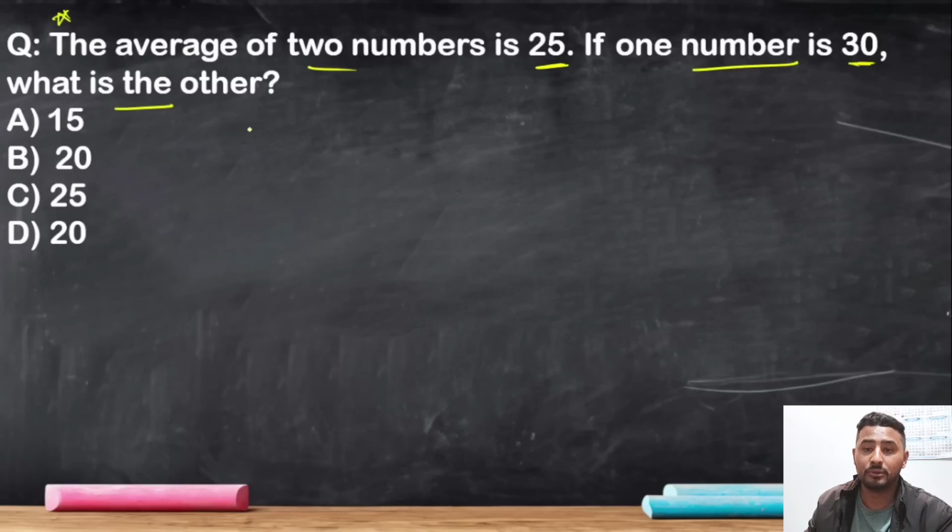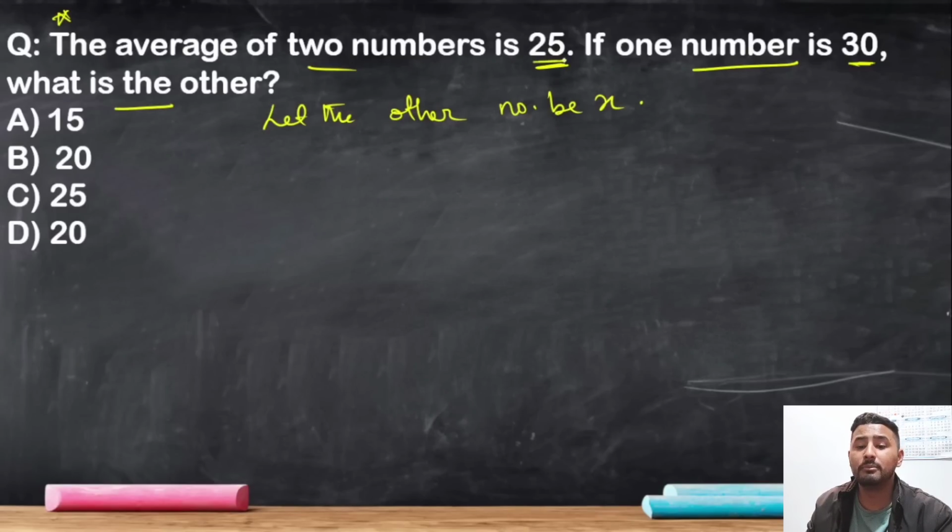Let me do it. Let the other number be x. No need to write this in an exam. Now they are saying the average of 2 numbers is 25. If one number is 30, average is already given as 25. Now we need to find the sum and the total number.